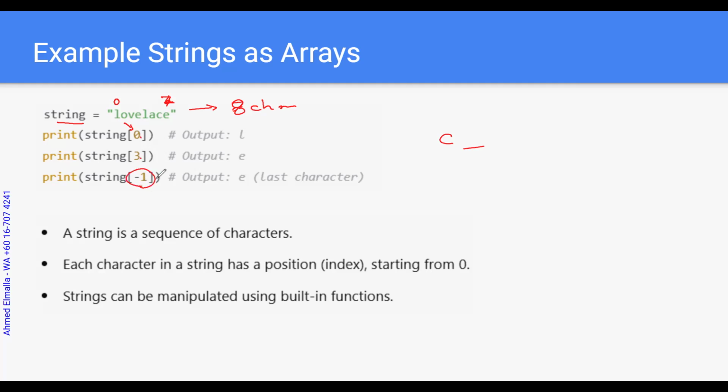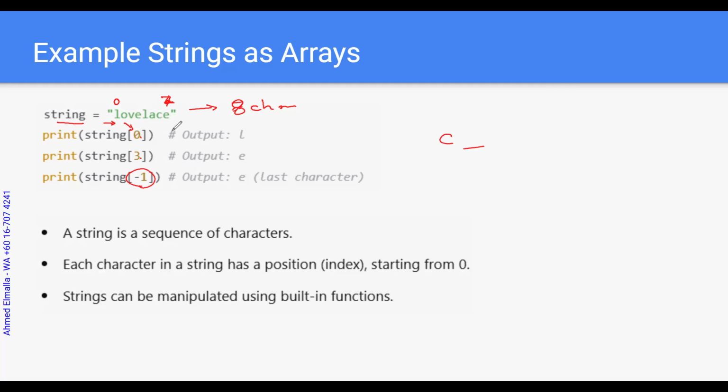But what about -1? Do you know what -1 does? No. If you put a positive number, it will get you the single character from left to right. But if you use a negative number, it will get you the character from the end.